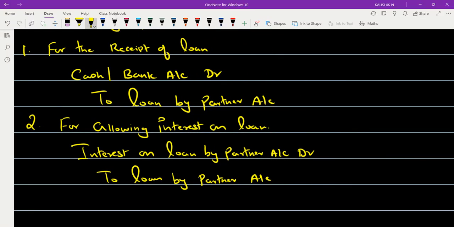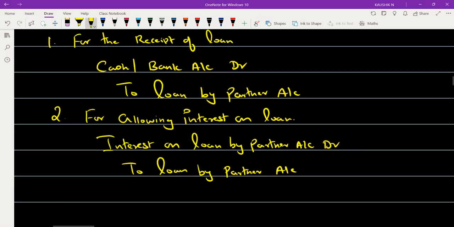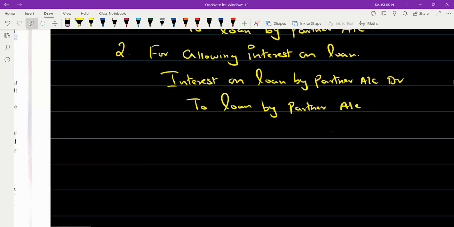The third entry is if you have done the payment of this loan interest.